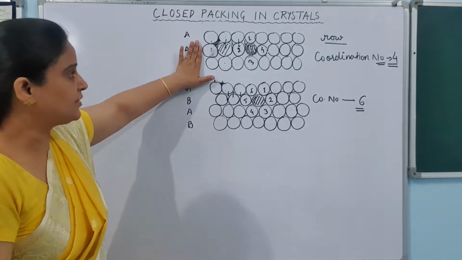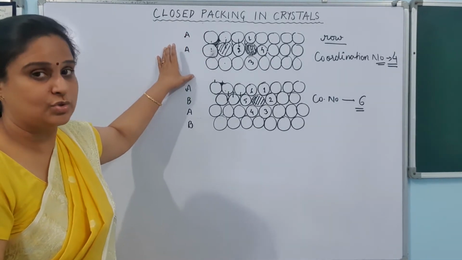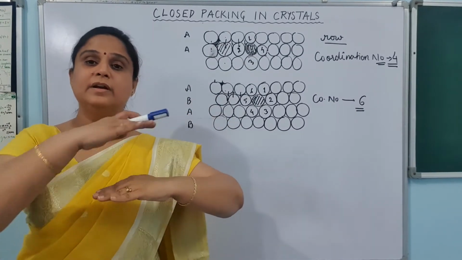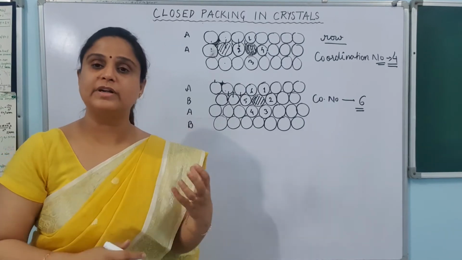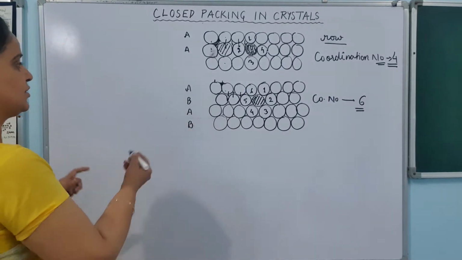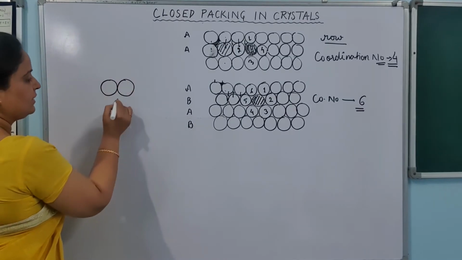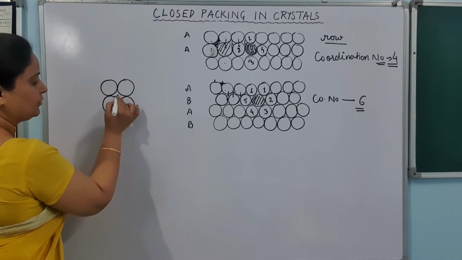I am taking this one first because this is the simple one, AA type of sheet. If I am setting a third layer of AA type over each other, what type of crystal will I get? Just assume I am making AA type, ball over ball and groove over groove.